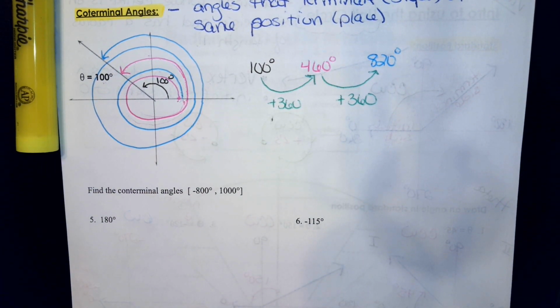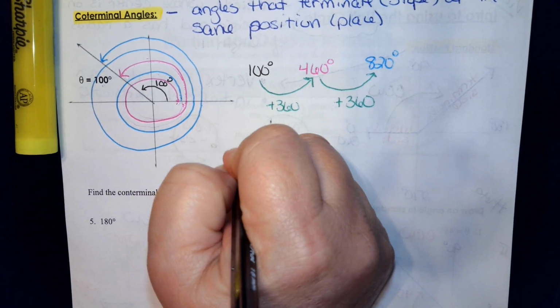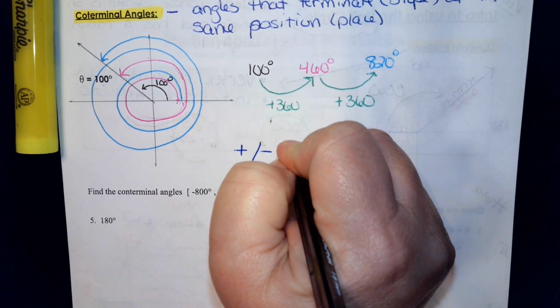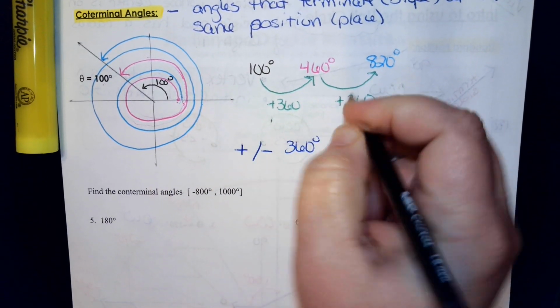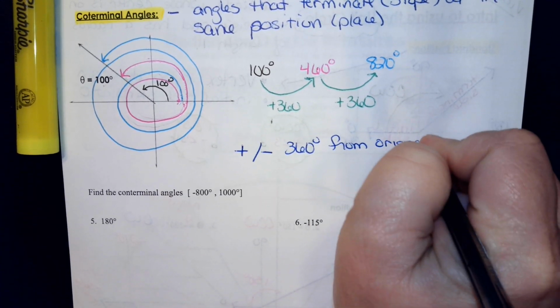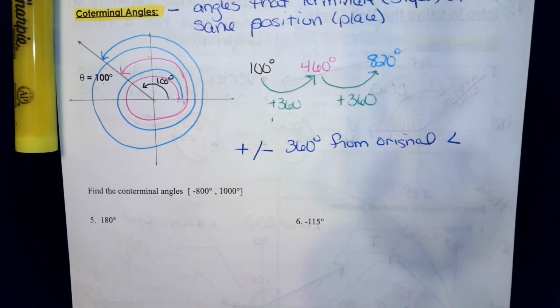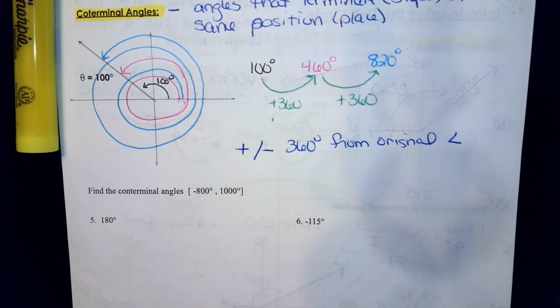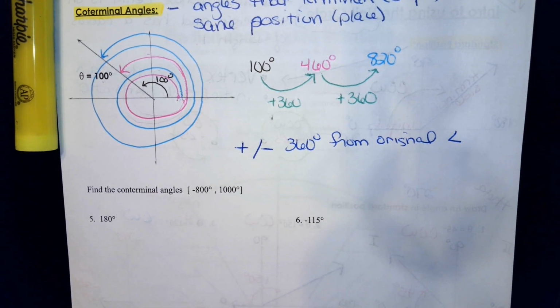So basically, in order to find coterminal angles, all you're going to do is either add or subtract 360 degrees from your original angle, depending on if you want to go above that angle or if you want to go below that angle. You're either going to add 360 or subtract 360 from your given angle.